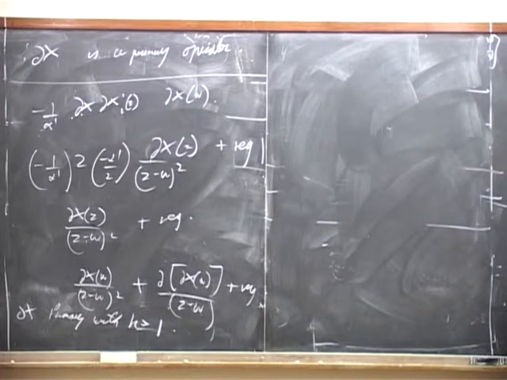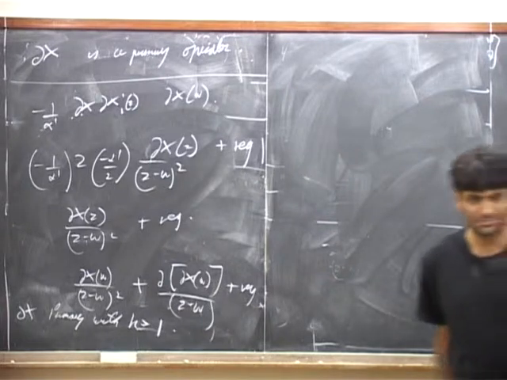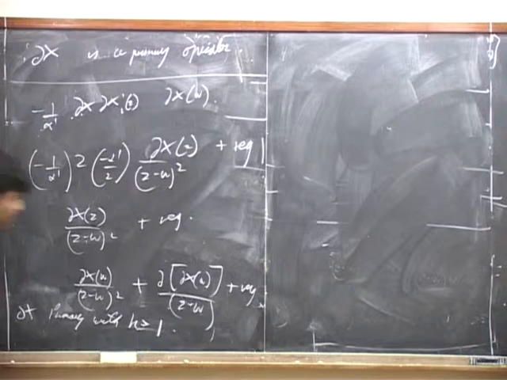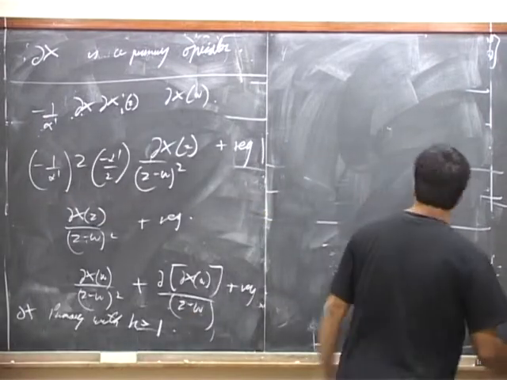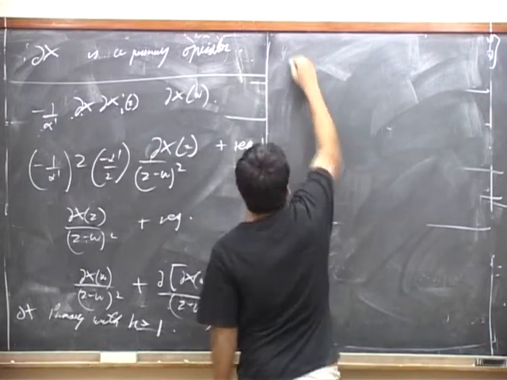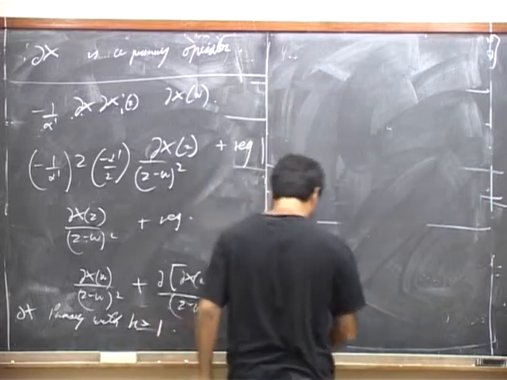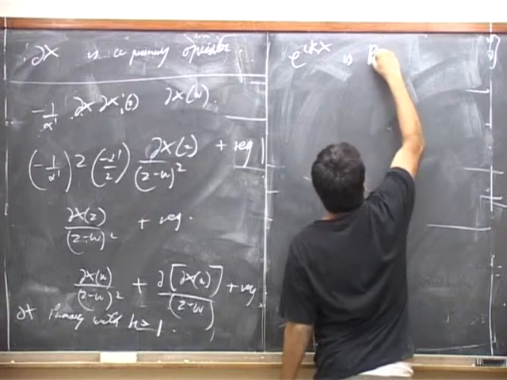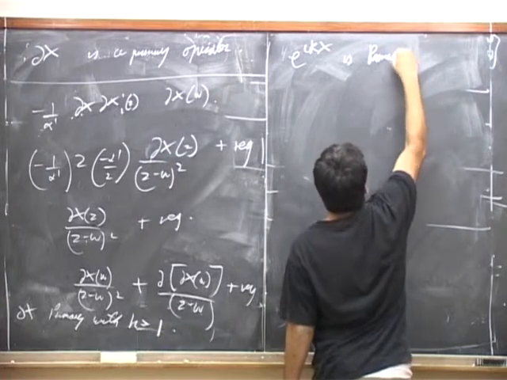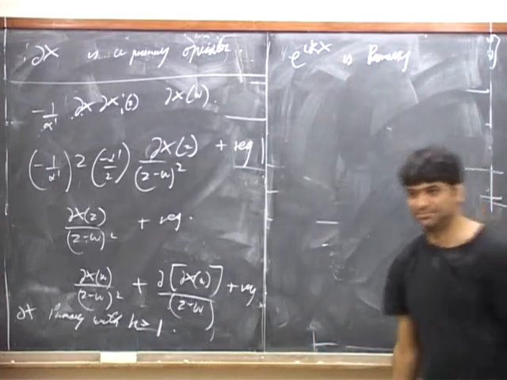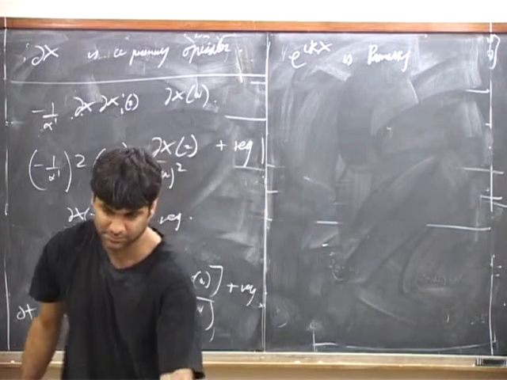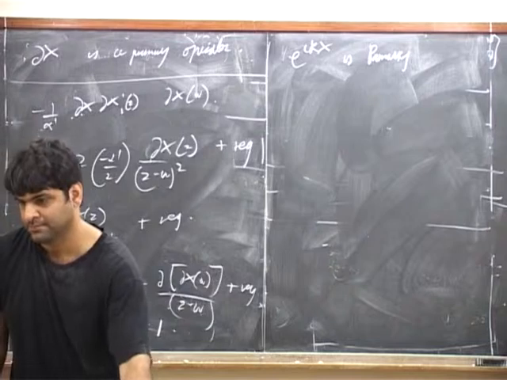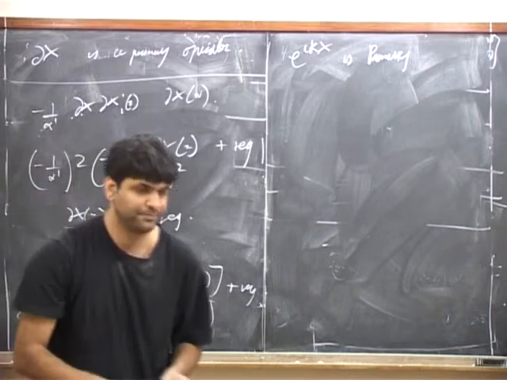So now let's try to do one more such calculation. The calculation we're going to try to do is to demonstrate that e to the power ikX is a primary. Let's do it.